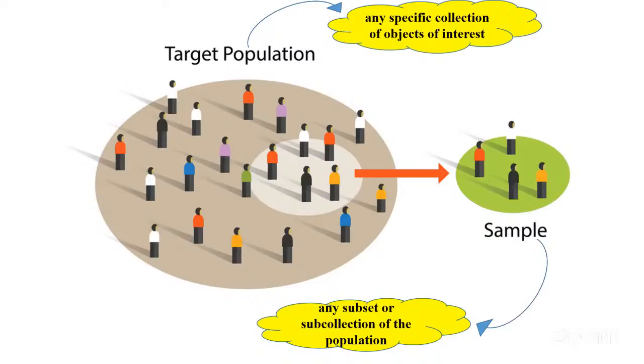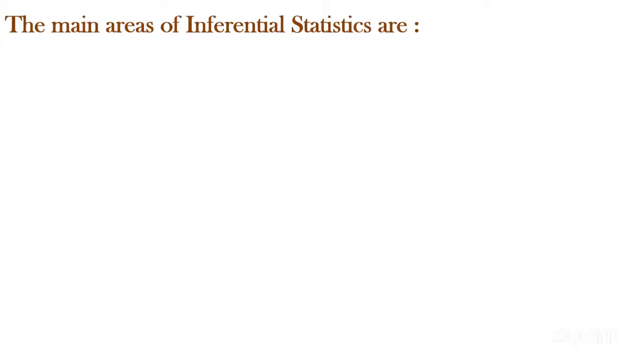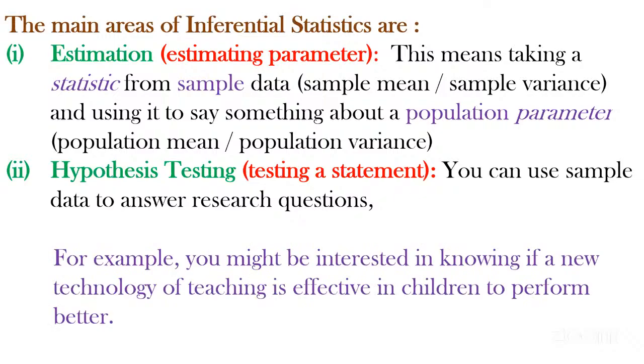Before going to that, let us see a small definition for a recall of population and sample. Any specific collection of objects of your interest is the population, and any subset or sub-collection of the population, we call it a sample.